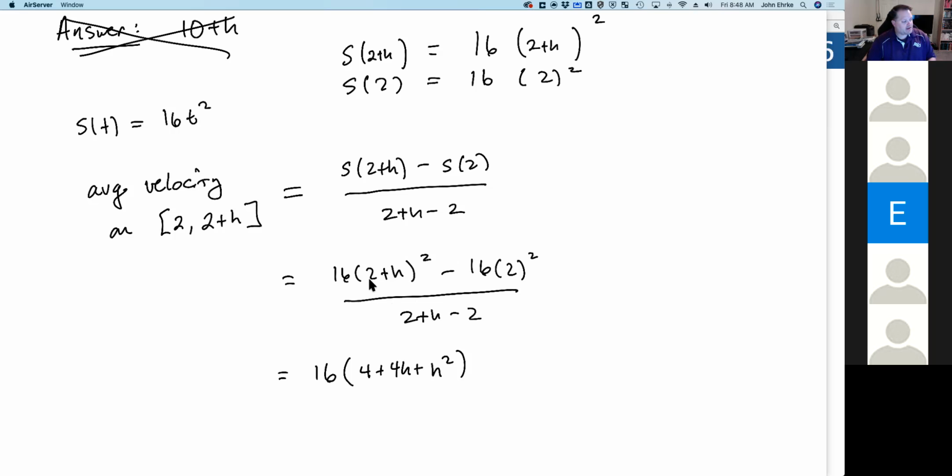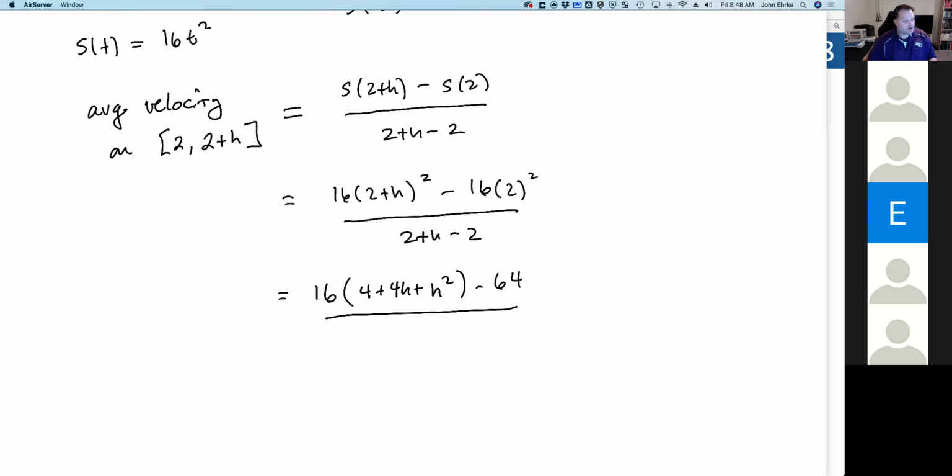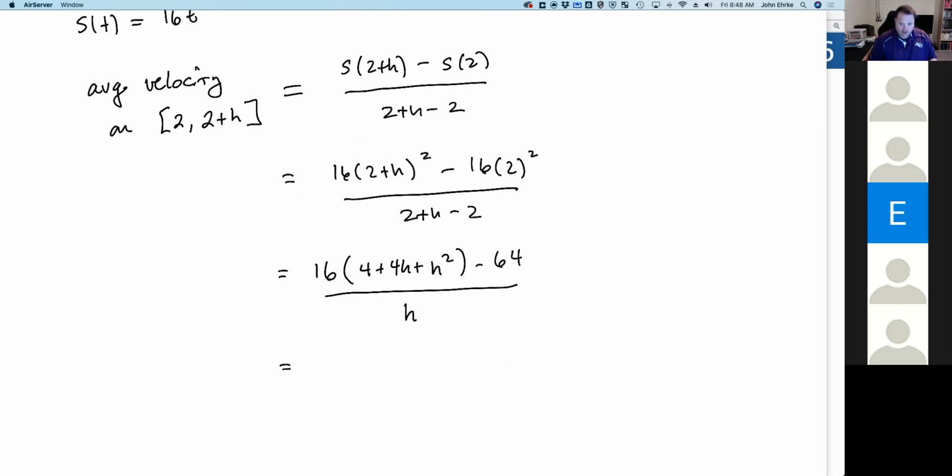So if I expand this thing squared, this is what I would get. And then minus 2 squared, which is 4. 4 times 16 is 64. And then in the denominator, 2 plus h minus 2, the 2's cancel, so you're left with just h. If I clean up the top, 16 times 4 is 64, plus 64h, plus 16h squared, minus 64, all of that over h.